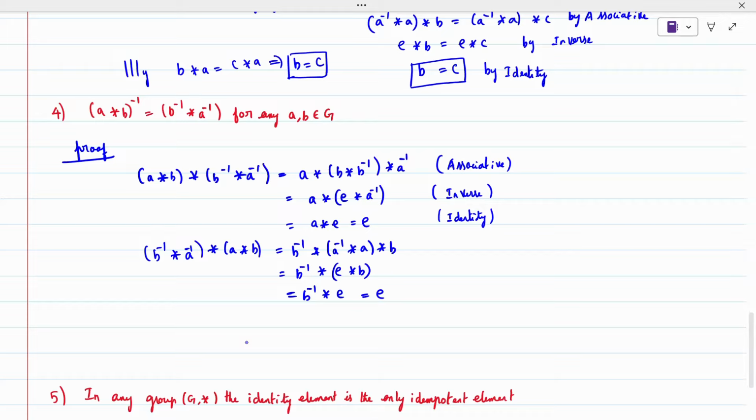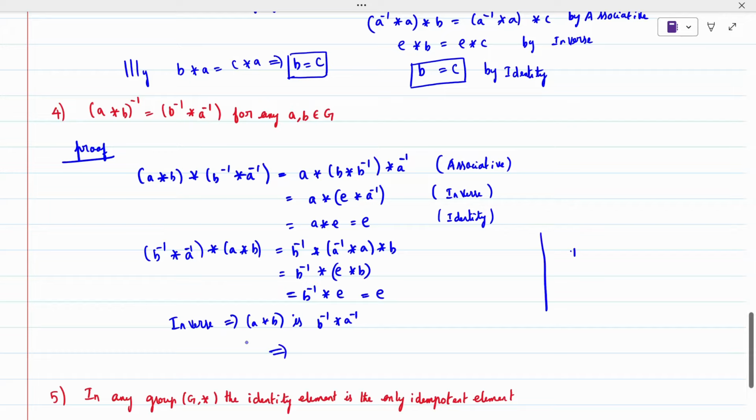Now what is the meaning? Now I have proved it. So it is a given inverse. What is our inverse rule? When I write the inverse for A star B, it is nothing but B inverse star A inverse. So you remember the inverse property.